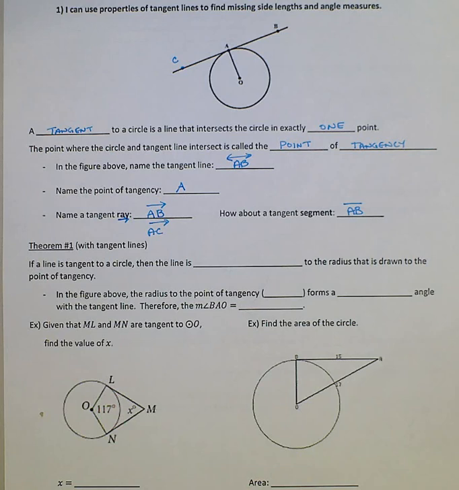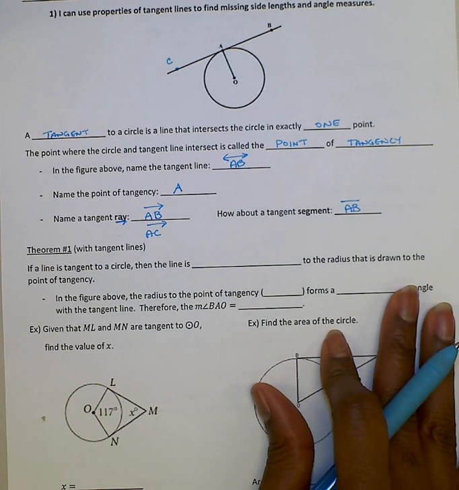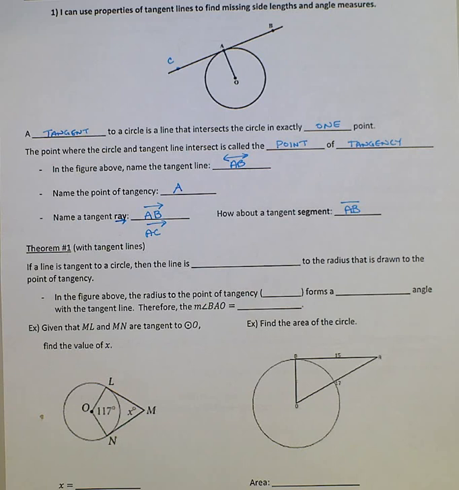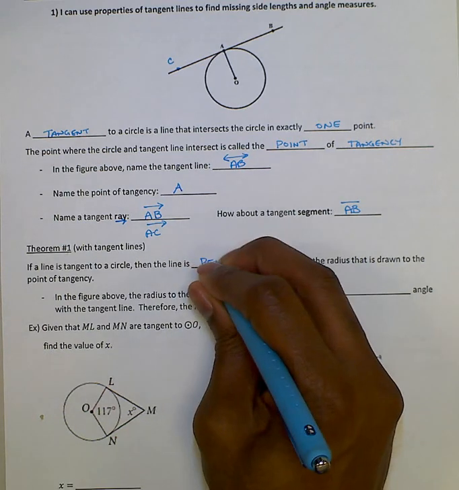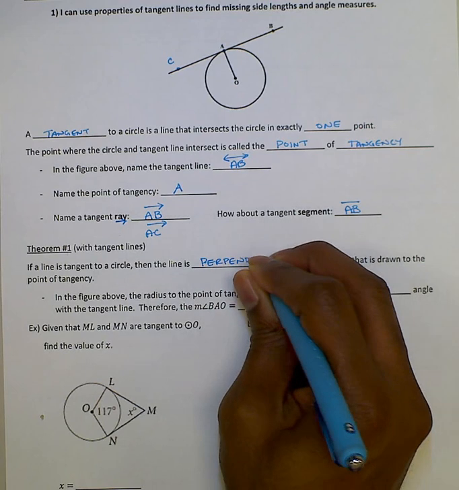Okay, so going from there, let's talk about what's special about tangent lines. If a line is tangent to a circle, then the line is perpendicular to the radius drawn to the point of tangency. Perpendicular.